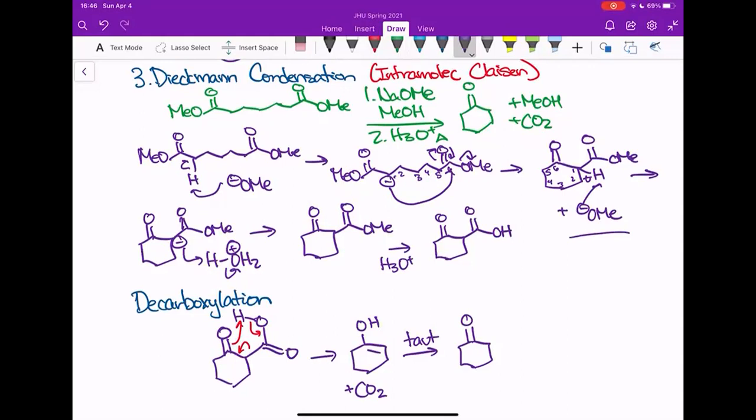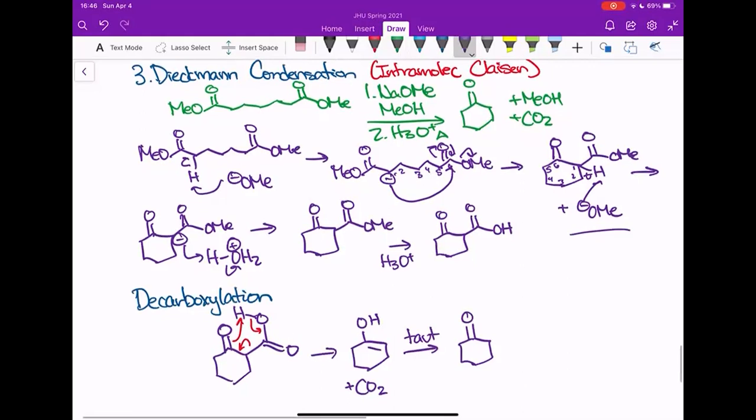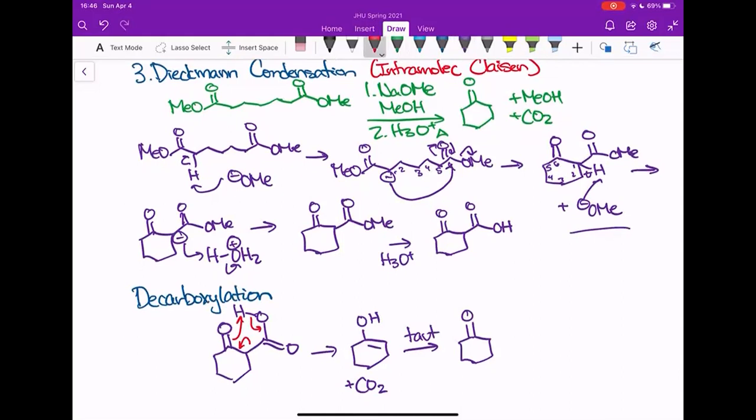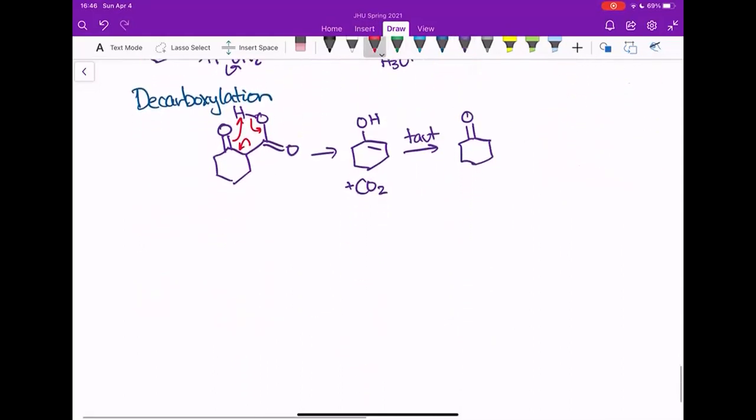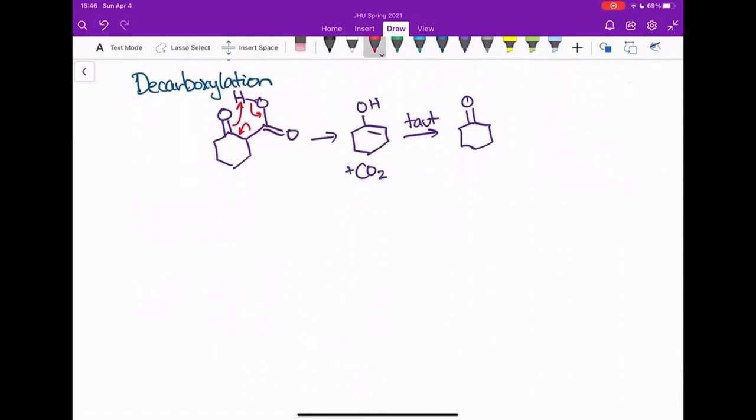Just some more notes about the decarboxylation reaction. Your decarboxylation reaction will pretty much happen whenever you have acid and heat, as long as you have an alpha carbonyl to the carboxylic acid.